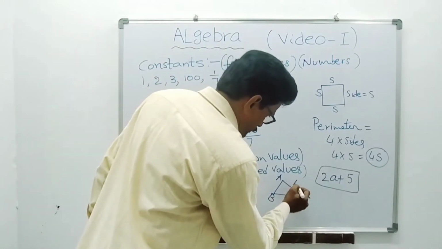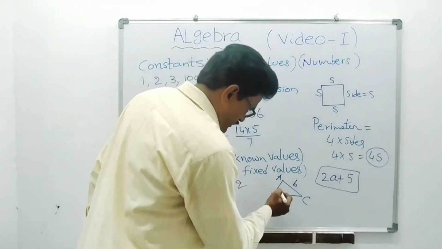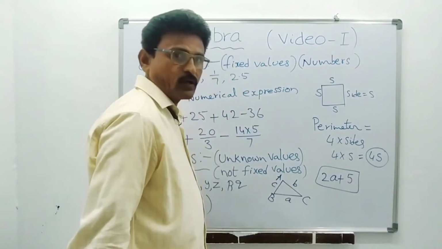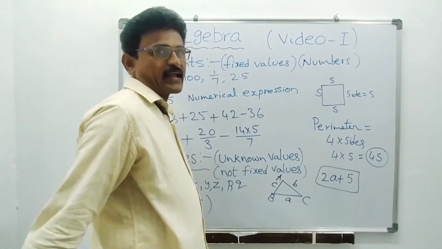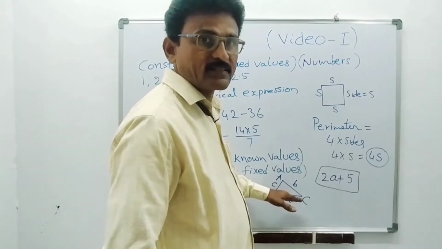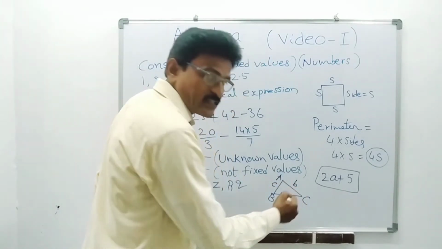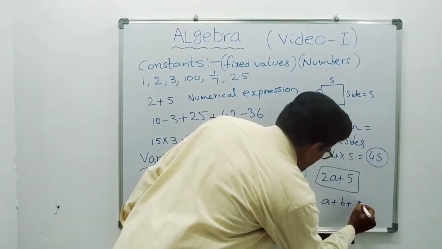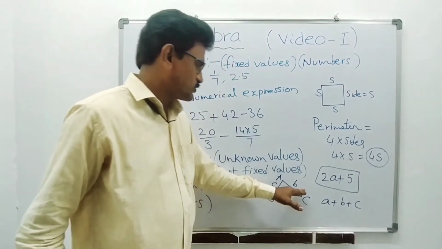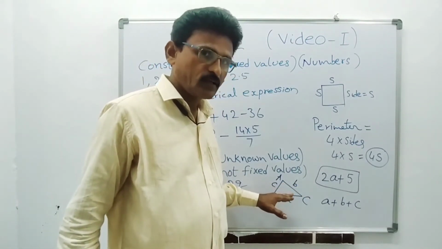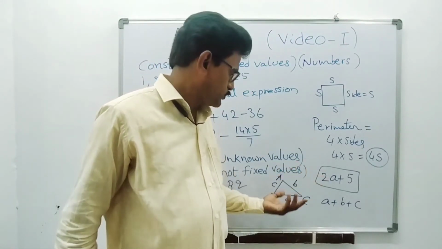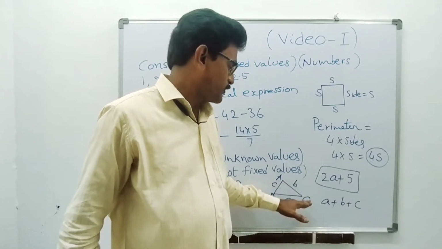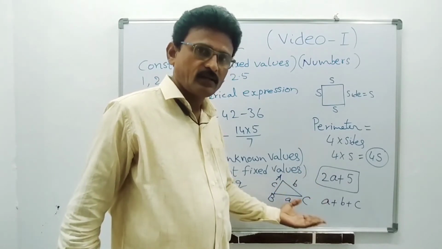Opposite B I will put small b as the length. Opposite C I am putting small c. Now what is the perimeter of this triangle? We have to add 3 sides. Here a plus b plus c. These 3 values are not mentioned here, it means they are variables. You can write any values here. The sum of 3 sides is the perimeter of the triangle.